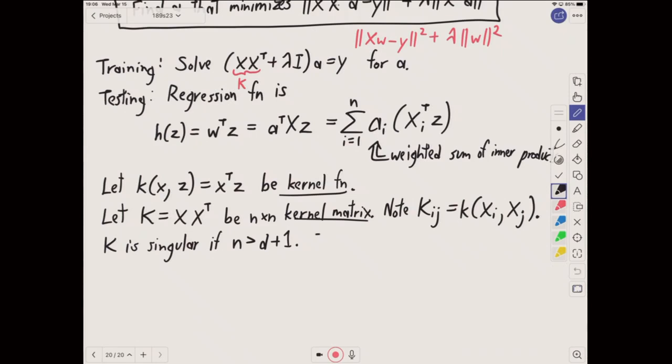So in this case, there's probably no solution to the linear system if you set lambda to 0, so you have to choose a positive lambda, but that's okay.